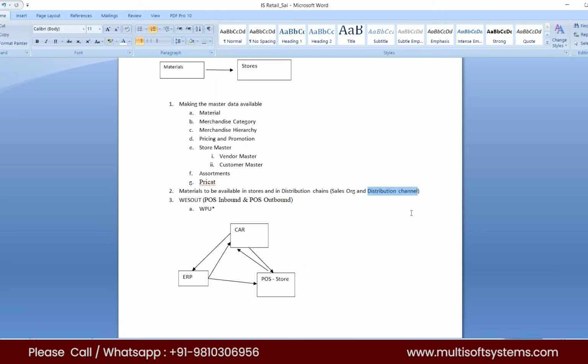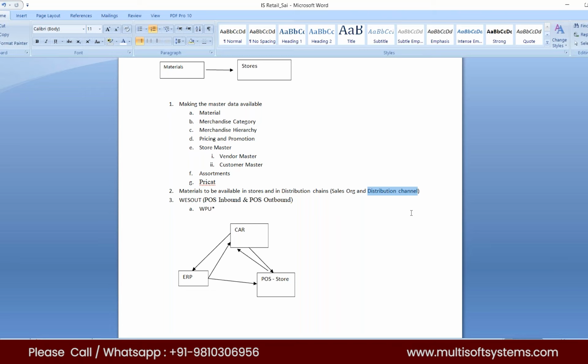For example, Lidl can have online store sales, store sales, and it can also have third party sales, right? The method by which it is going to make its sale is called the distribution channel. For now I'm able to think only of these three methods: online, store sales, and third party sales. These could be the possible distribution channels.